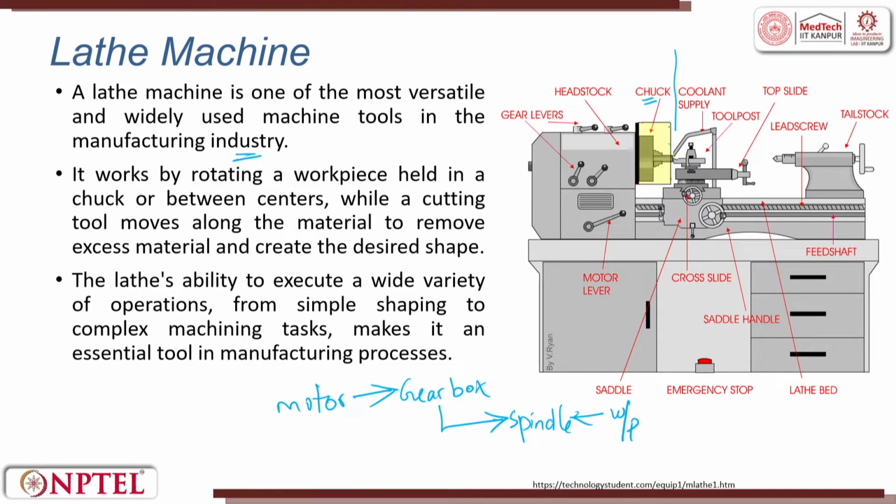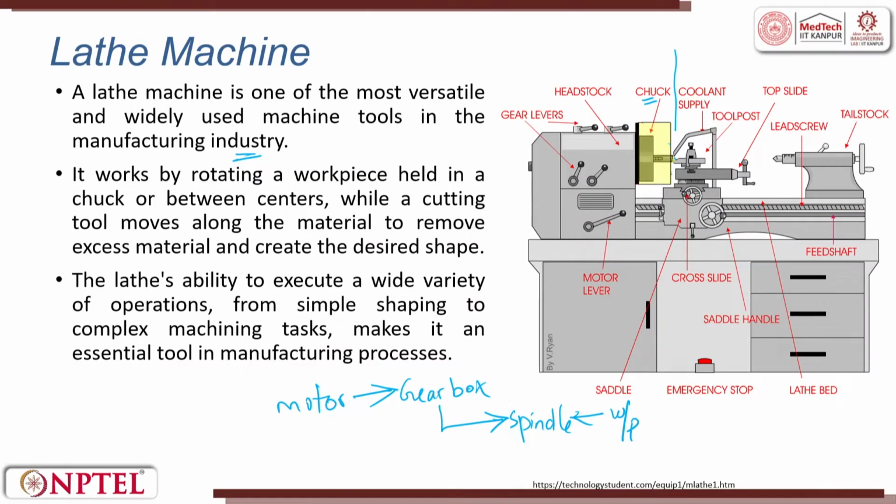The other part of the story is, suppose I have a long, lengthier workpiece, then there is a possibility when it rotates, it can wobble or it can deflect, it can go up and down like this. In order to avoid it, I hold the other end of the workpiece. There comes the tailstock. The tailstock will be used to hold the workpiece when you have a long, lengthy one.